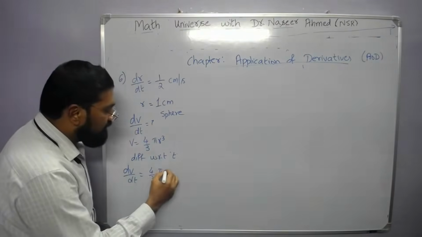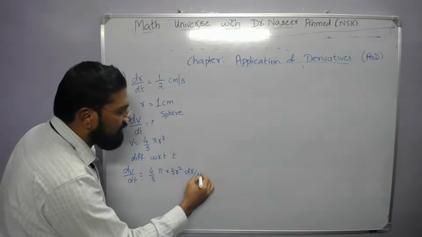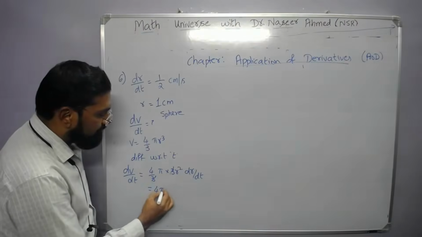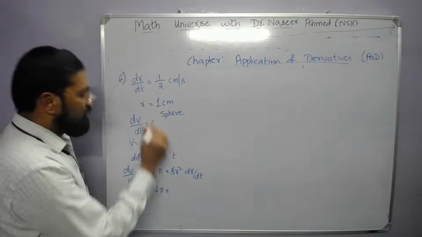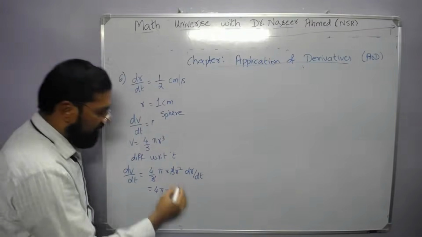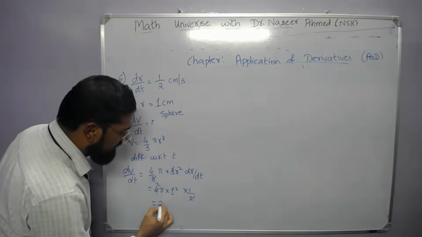The derivative of r cube will be 3r square into the derivative of r with respect to t. 3 by 3 will get cancelled. 4 pi into r value is 1, so 1 square. The derivative of r with respect to time t is half. Substitute: 2 ones are 2, 2 twos are 4. So the answer is 2 pi.